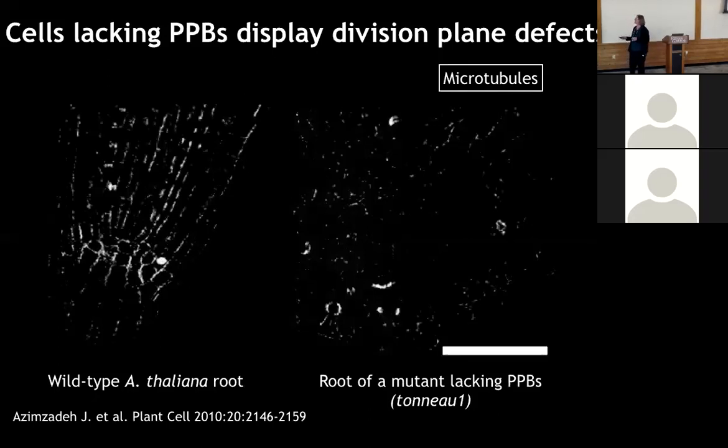This is a wild type Arabidopsis root right here, and this is a root missing a protein that promotes formation of the pre-prophase band. These cells still complete cytokinesis. They're still perfectly able to divide, but the patterning is altered because the pre-prophase band is missing, and the pre-prophase band is critical for giving information to the phragmoplast about where it needs to go.